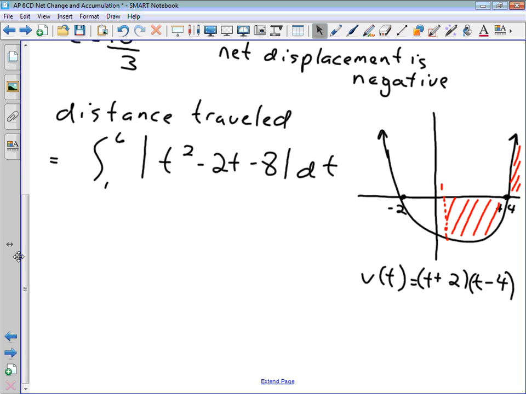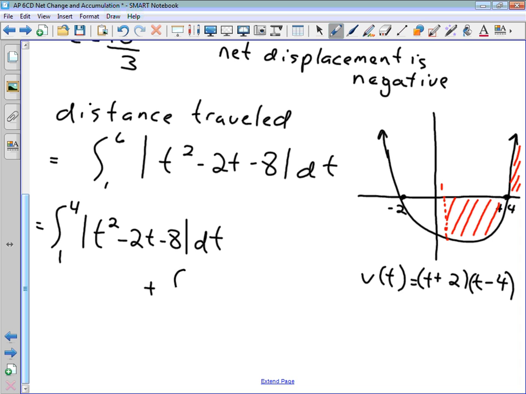So we're going to break our integral up into those 2 parts. We're going to have the integral from 1 to 4 of t squared minus 2t minus 8 dt, and we're going to add to it the integral from 4 to 6 of t squared minus 2t minus 8.